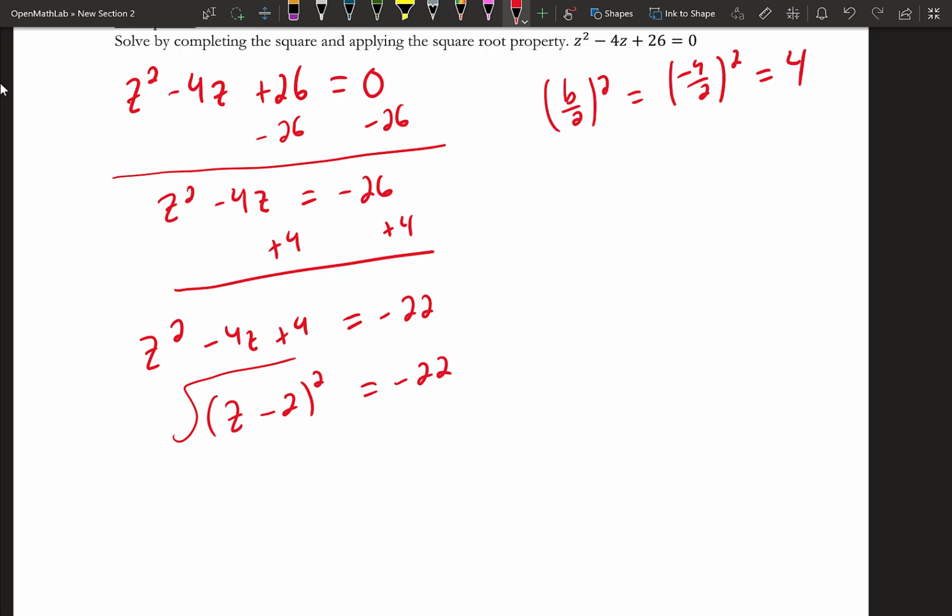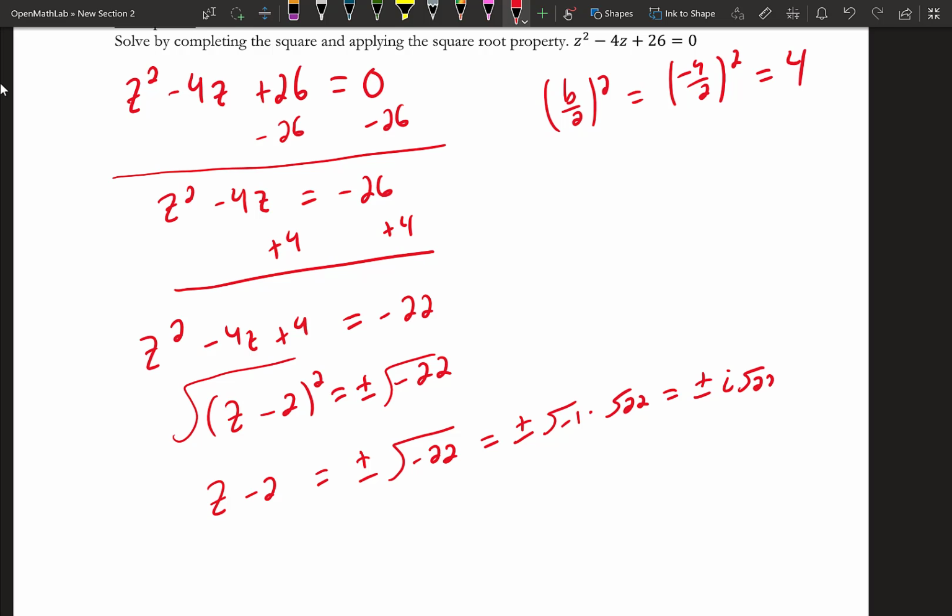So now I can take the square root of both sides. And don't forget, we have to add a plus or minus in front. So the left-hand side simplifies to z minus 2 equals plus or minus the square root of negative 22, which, if we simplify this, is the square root of negative 1 times the square root of 22, which is equal to plus or minus i radical 22.